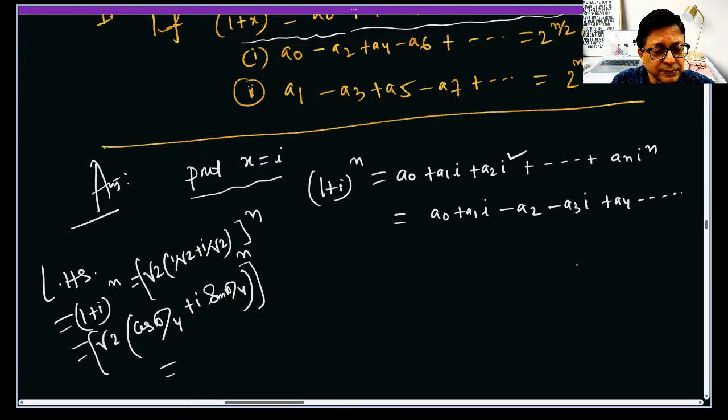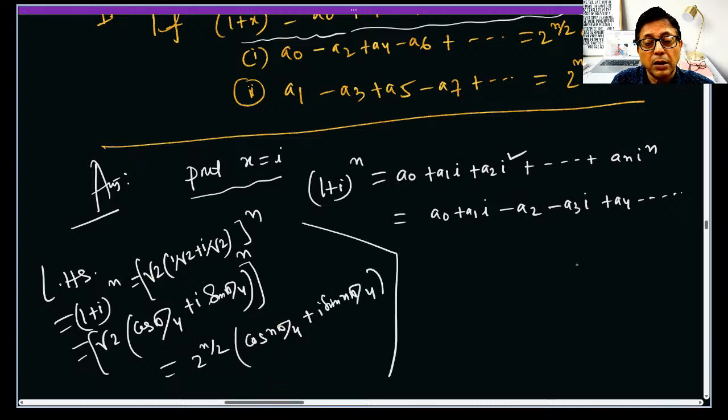Root 2 to the power n, 2 to the power n by 2, cos n pi by 4, I sin n pi by 4.